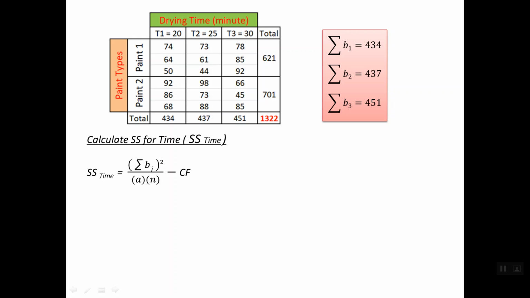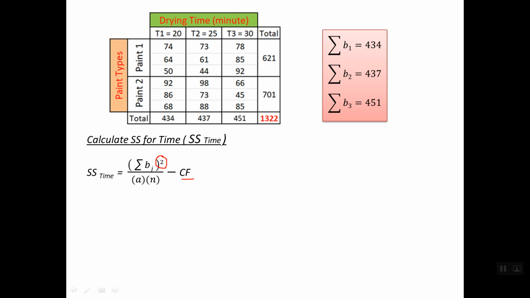First, we sum up the B sub j, where j represents the levels of the second factor, and we have j equal to 1, 2, and 3, and we square this value divided by A times N. Then we subtract the correction factor in order to get the SS for the time.